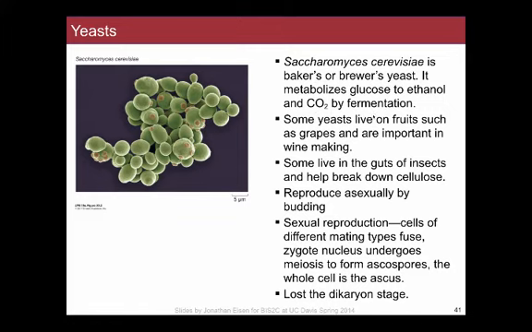And we take advantage of its ability to do this to produce all sorts of fermentation products where we either want the ethanol in wine and beer, or we want the CO2 for raising bubbles in bread and other objects.